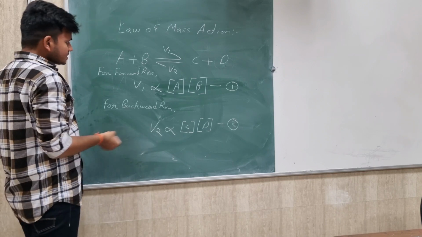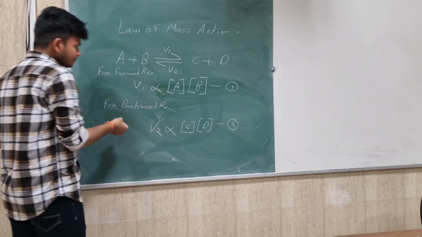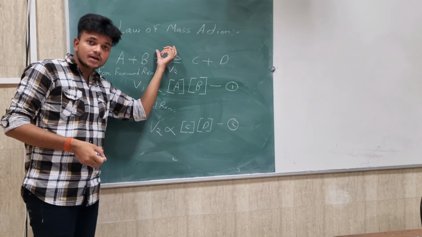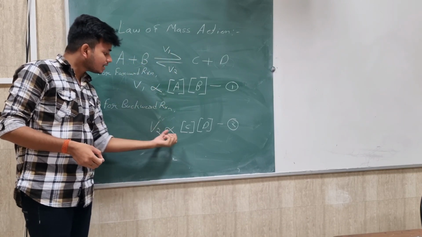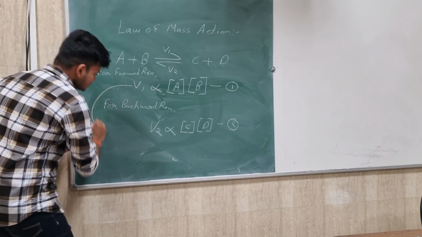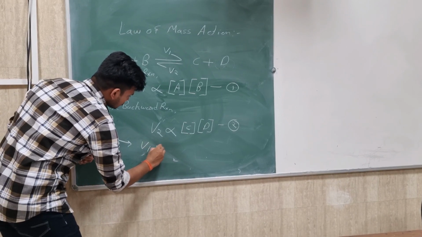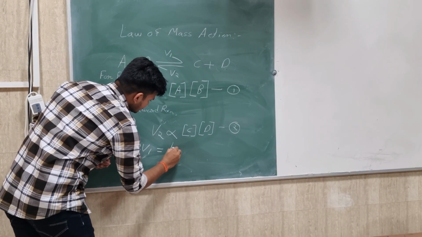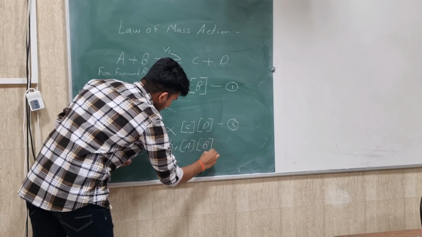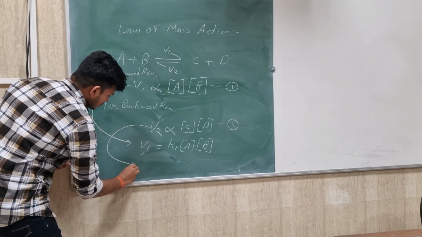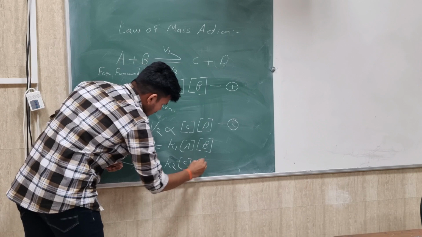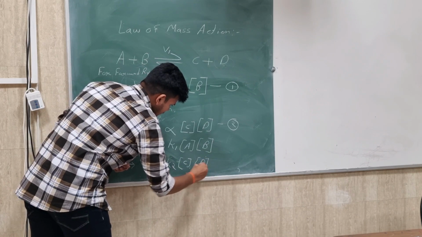Okay. Next step is we remove the proportionality sign. Then we get equilibrium constant K1 for forward reaction. Here we get K2 for backward reaction. Then let's see. For first, V1 is equal to K1 concentration of A into concentration of B. We can also write V2. Here V2 is equal to K2 concentration of C into concentration of D. That's it.